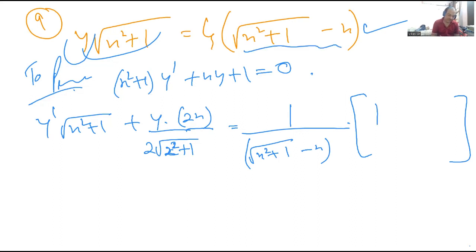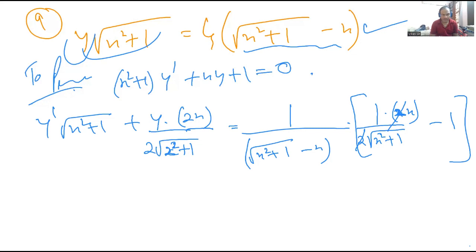While differentiating this, you will have 1 over twice under root x squared plus 1. Furthermore, if you differentiate x squared plus 1, it will give you 2x. And for the root minus x will give you minus 1. Then both 2 will get cancelled.